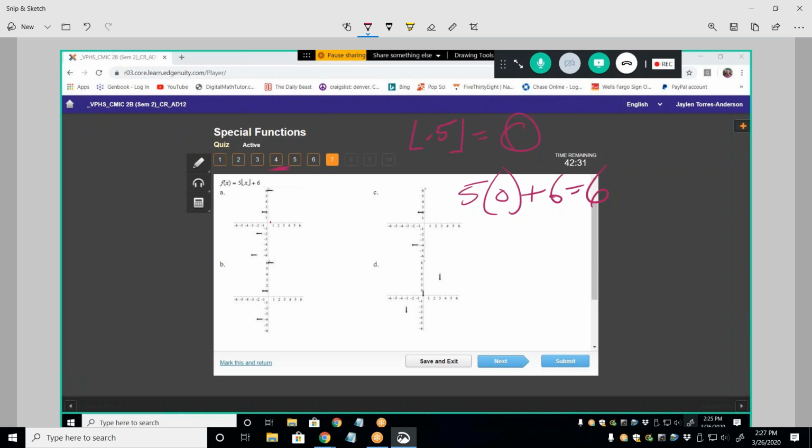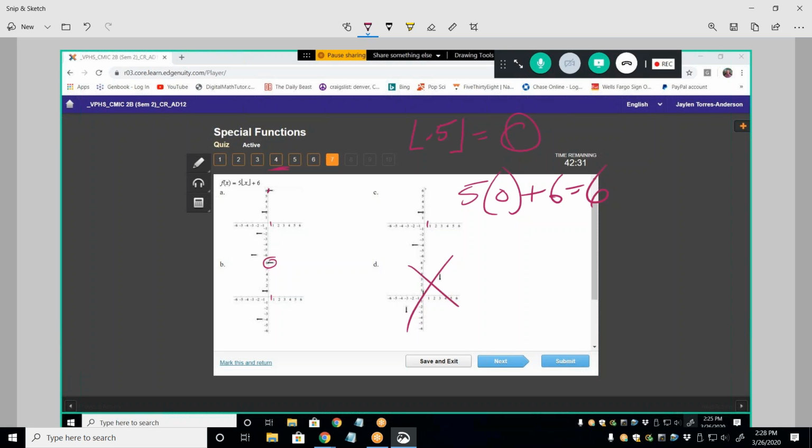Well, if we look at A, there's 0.5 on the x-axis. We're at 6. That looks pretty good. What about B? We've already ruled this one out. What about B at 0.5? Yeah, we're at 6. That's a possibility. How about C? When we're at 0.5, we don't know where we're going to be because they don't have it drawn on.